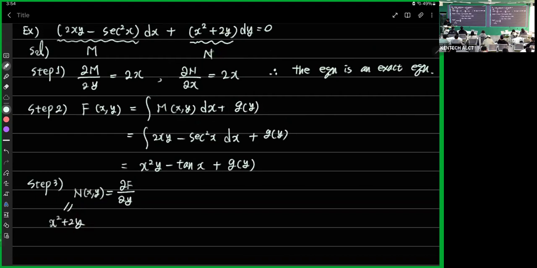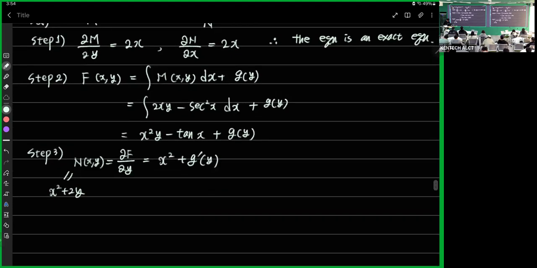So this is x squared plus g prime of y. Which implies g prime of y is equal to 2y, because the x squared cancels out, leaving only 2y. Which means that g of y is going to be y squared plus c.